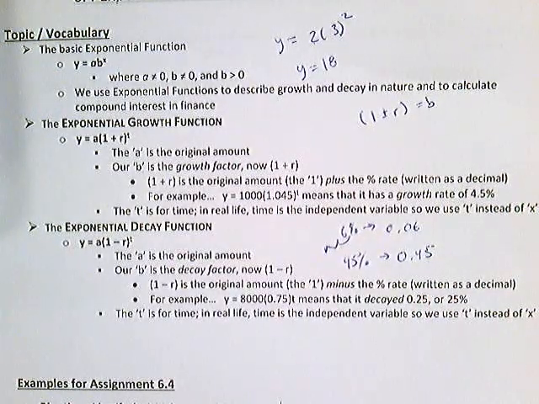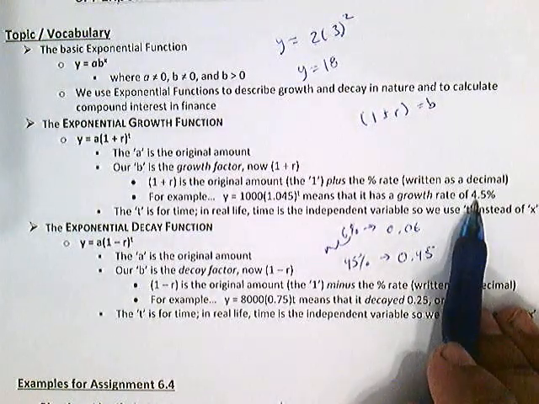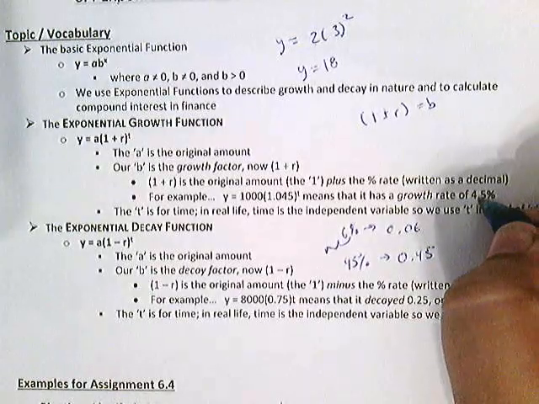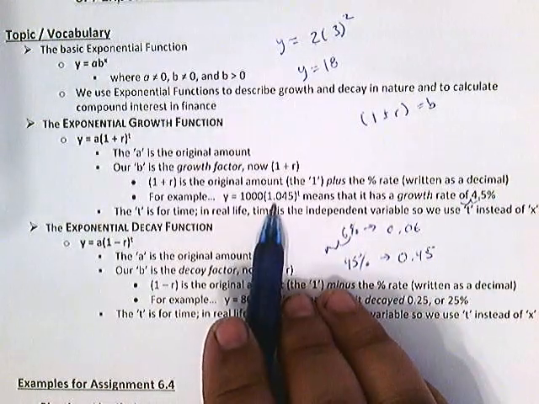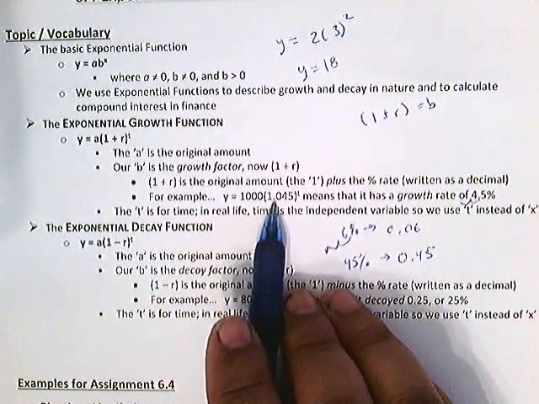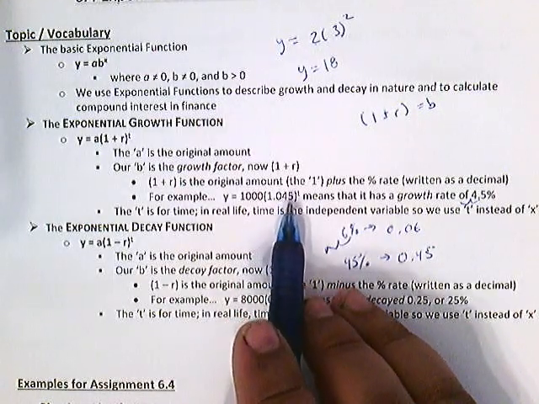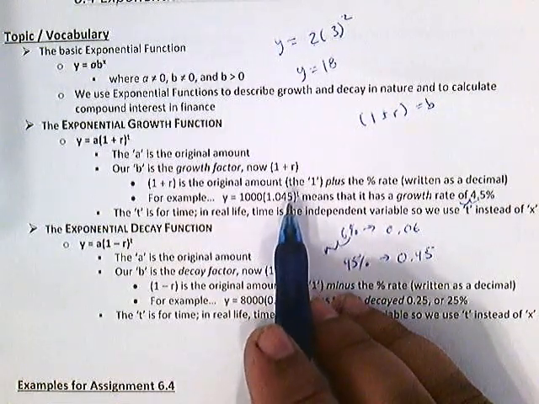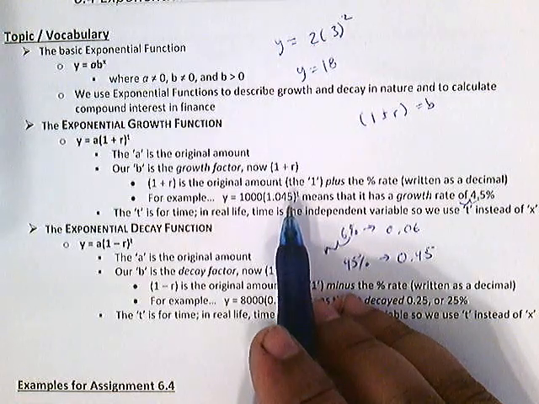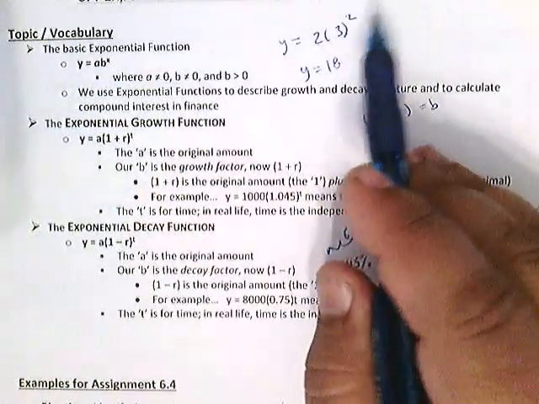Alrighty? So as long as you keep that in mind, you should be just fine, okay? Notice this is 4.5%, so when I scoot this over 2 times to the left, there's an extra 0 there, okay? 1.045.